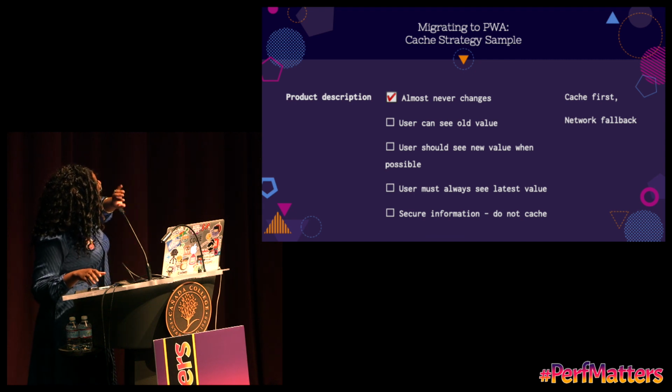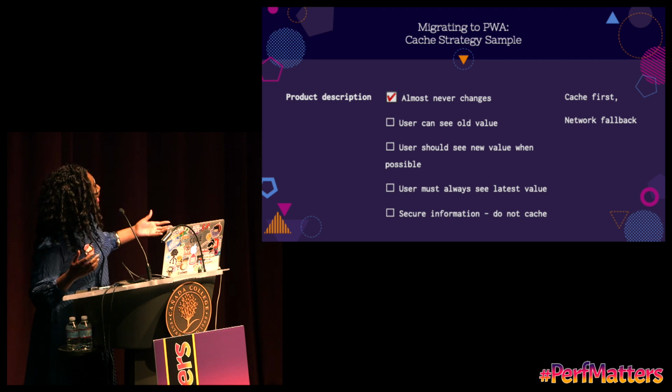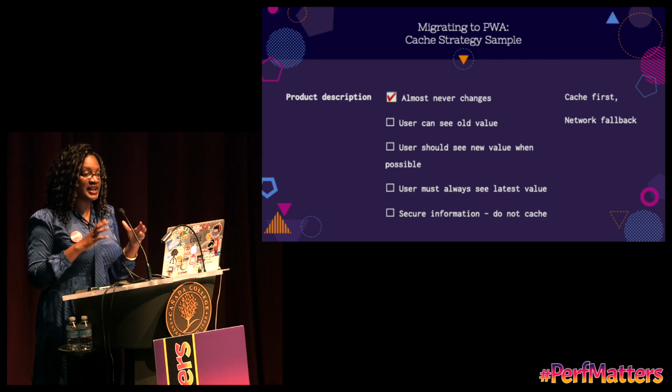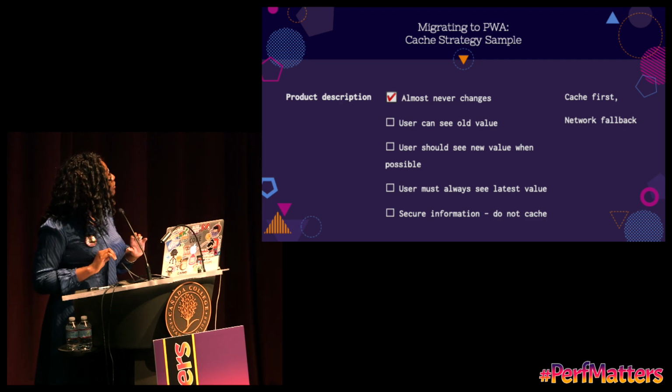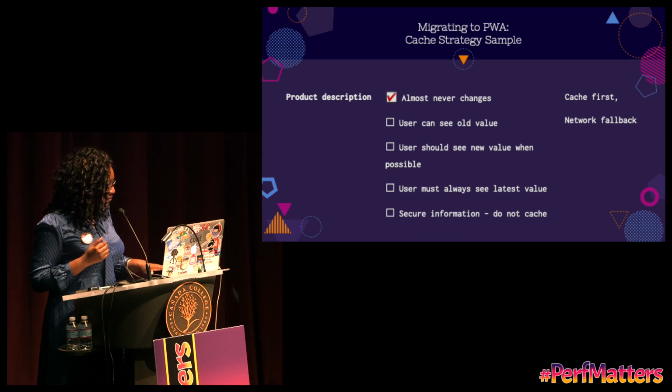Are the items you're thinking about caching almost never changing? Is there any secure information that you wouldn't want to cache? Think about all of these things as you create this caching strategy, and that will help you as you plan out what goes in your app shell and how you're going to separate some of this content.